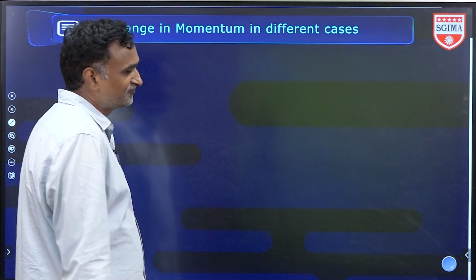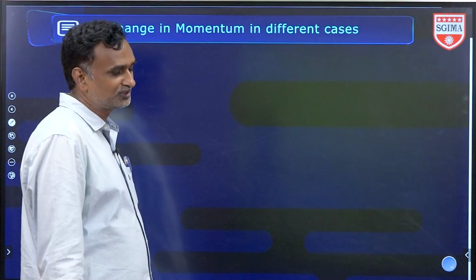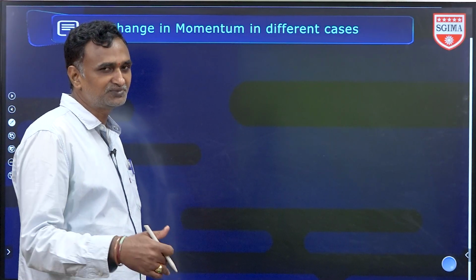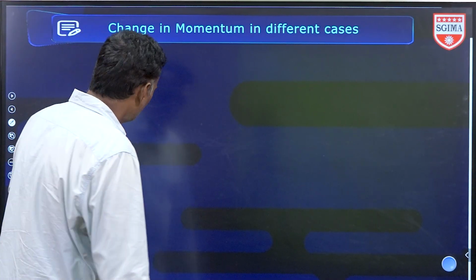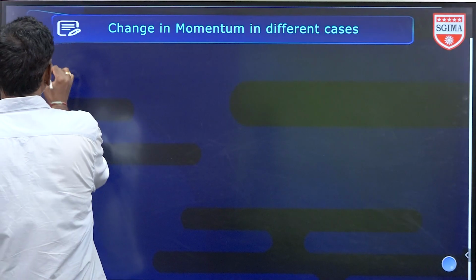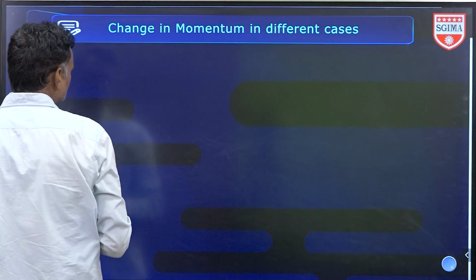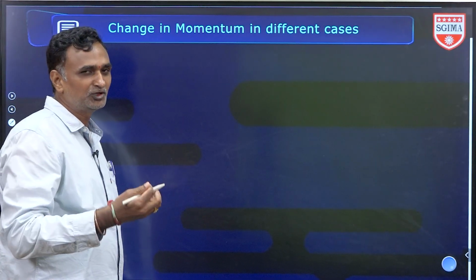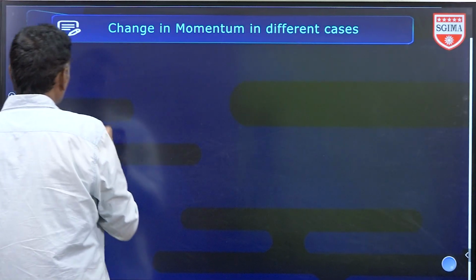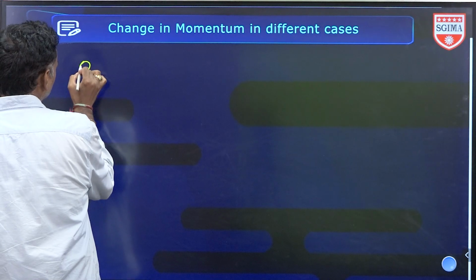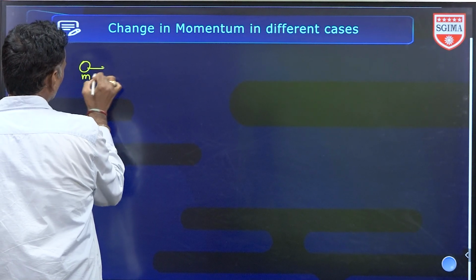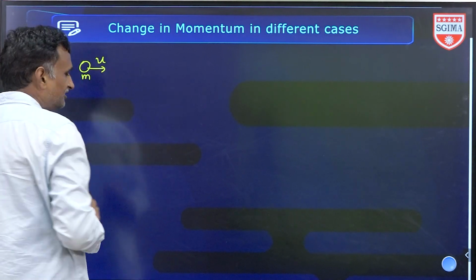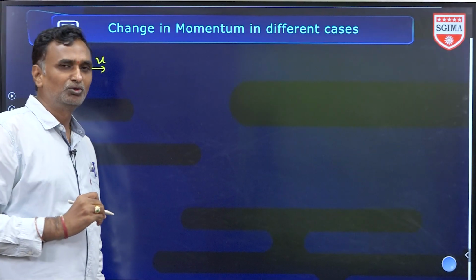Next, change in momentum in different cases. What kind of change in momentum takes place in different scenarios? Let us see here, a very important point. Here we can solve some conceptual problems, which is very important for solving numericals. A ball of mass m is moving to the right side, so it has momentum.